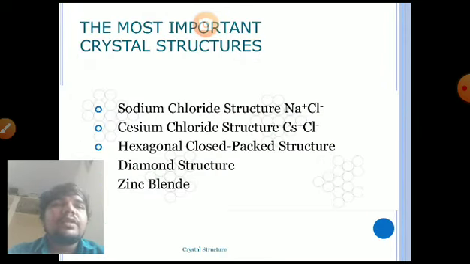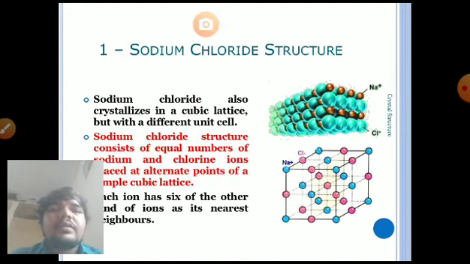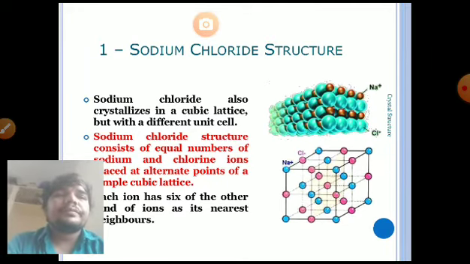The most important crystal structures: first one is the sodium chloride structure, then the cesium chloride structure, hexagonal close packed structure, and diamond structure. First one is the sodium chloride structure.